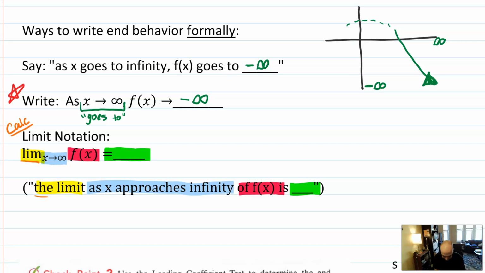So in this case, we're going to negative infinity, so I would write equals negative infinity. Limit notation is kind of nice. Sometimes you see it with the arrow right underneath the lim as well.